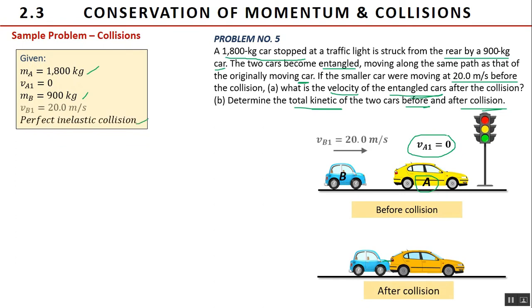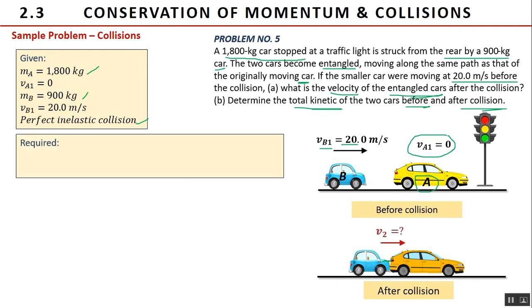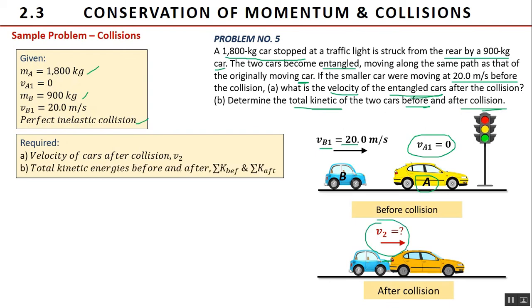The velocity of car B is 20 meters per second just before collision, and that is v sub b1 equals 20 meters per second. We are going to letter A, the velocity of the entangled cars after collision, v sub 2, and letter B, the total kinetic energy of the two cars before and after collision.